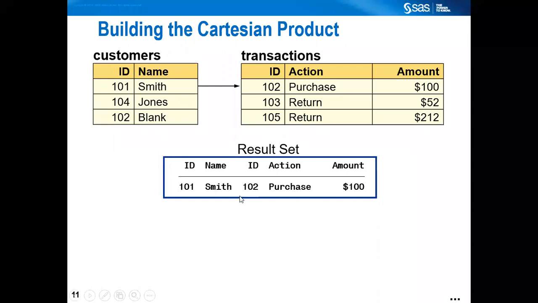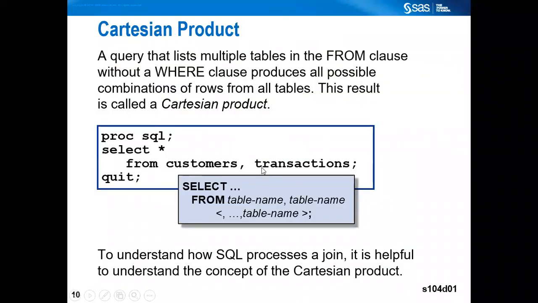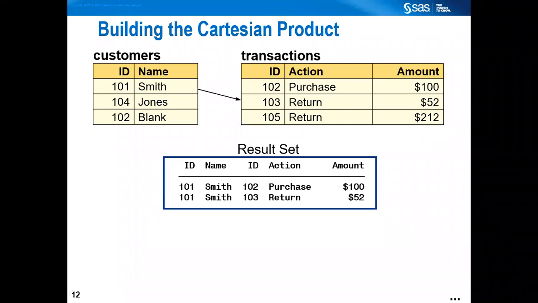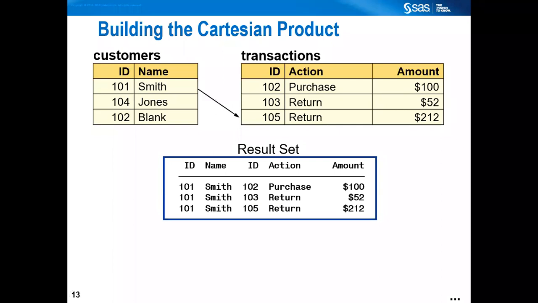When we wrote only two tables in the FROM clause, every row from the first table combines with all the rows from the second table. The first row combines with the first row of transaction, then again the first row combines with the second row of transaction, and the third row of transaction.